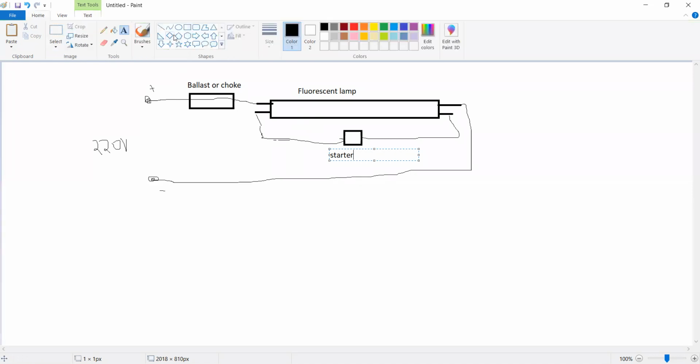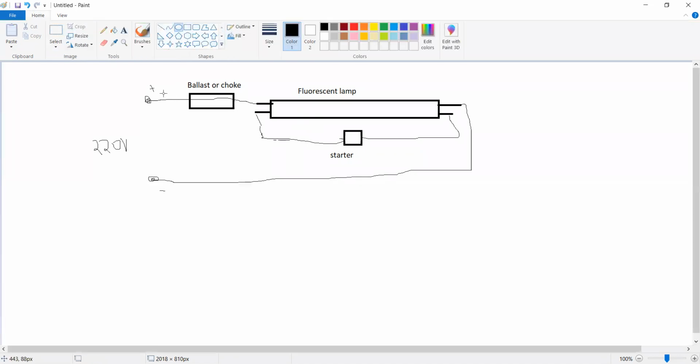Now, an ammeter is connected here. This is one ammeter, right? You require one voltmeter to measure the voltage across this, another voltmeter to measure the voltage across this, and another voltmeter to measure the voltage across this. Let me connect them so that it is easier.